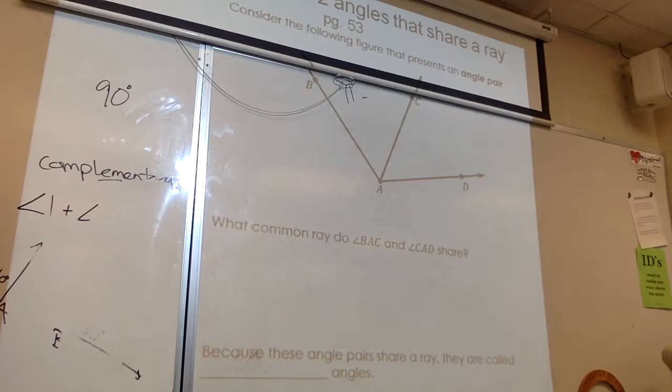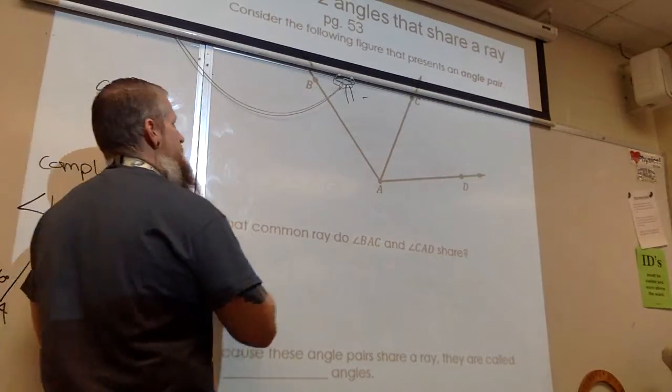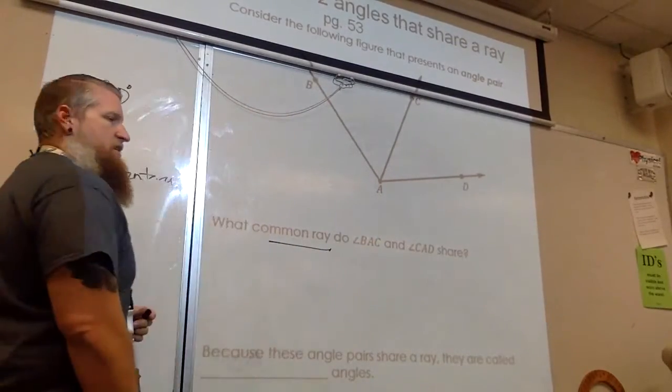If you're sitting adjacent to someone, that means they're sitting right next to you. It means the same thing here. But when you say adjacent with angles and other shapes, they're going to be connected in some way. So to be right next to each other, they have to be in some way overlapping. Adjacent angles, their overlap will always be this common ray that it's asking about there.